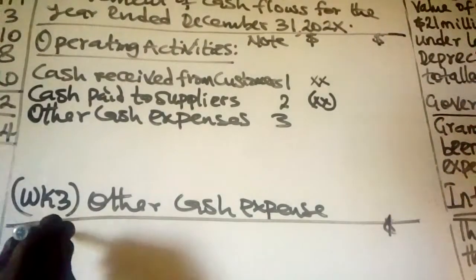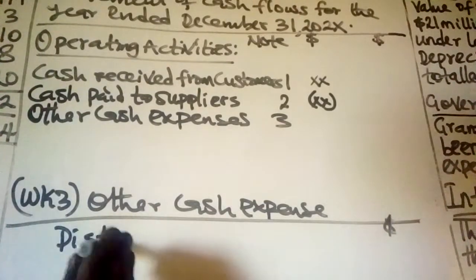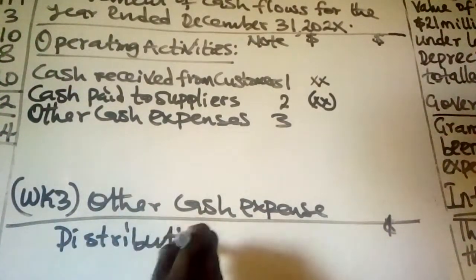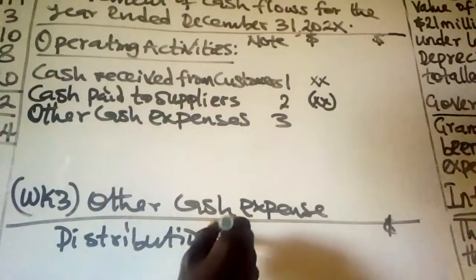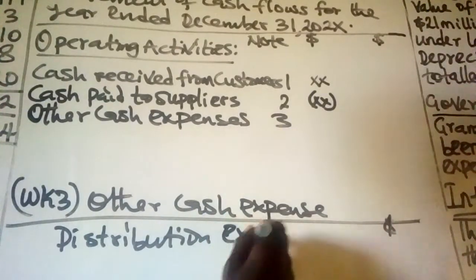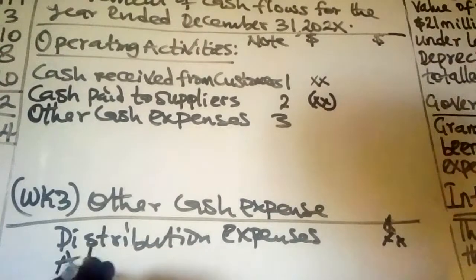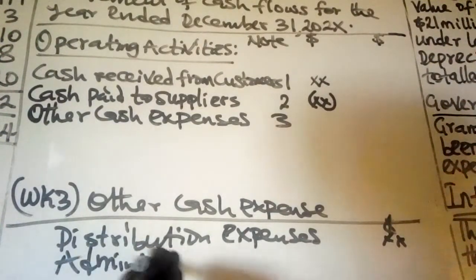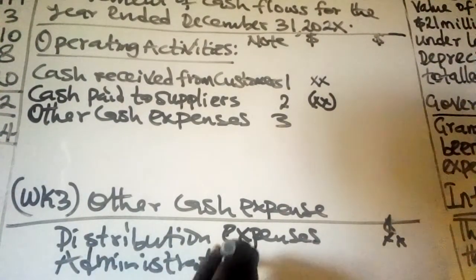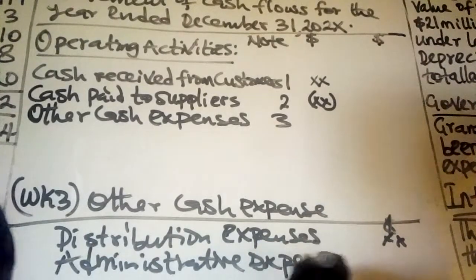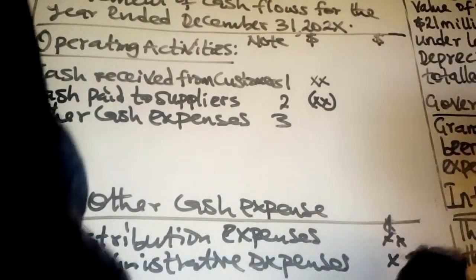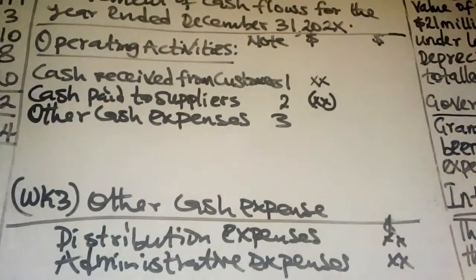So I've told you that under this you have distribution expenses. Then you have administrative expenses.